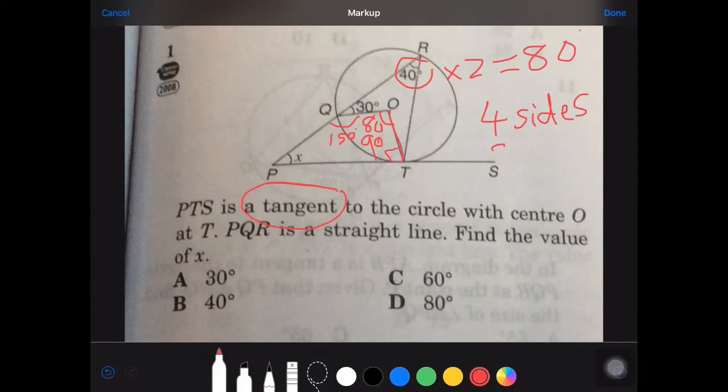So the total angle will be 360 degrees. This is the formula to find the total angle. Now, to find the value of x, you simply subtract 90, 80, and 150 degrees from 360. So for the answer, use your calculator to find the value.